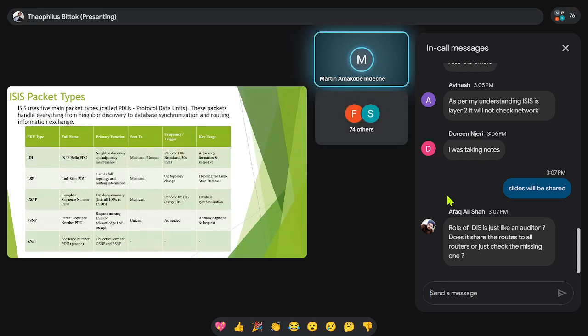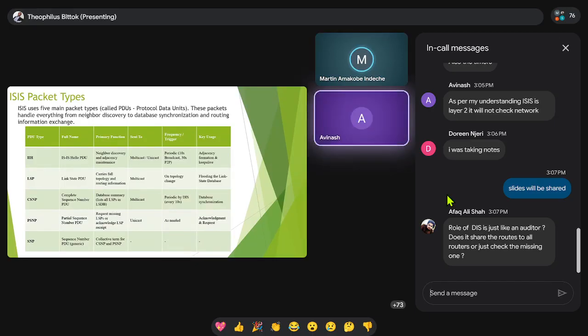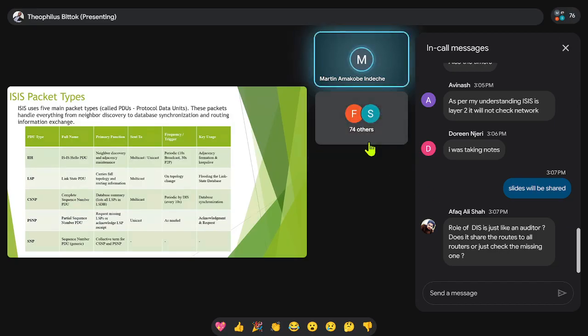I believe also the interface type, if you configure one side point-to-point and the other side broadcast, it will also cause an issue in establishing the adjacency. And some of these things are actually vendor specific, so you may need to do the simulation on the different vendors, and then you will be able to establish why the adjacency fails to come up.